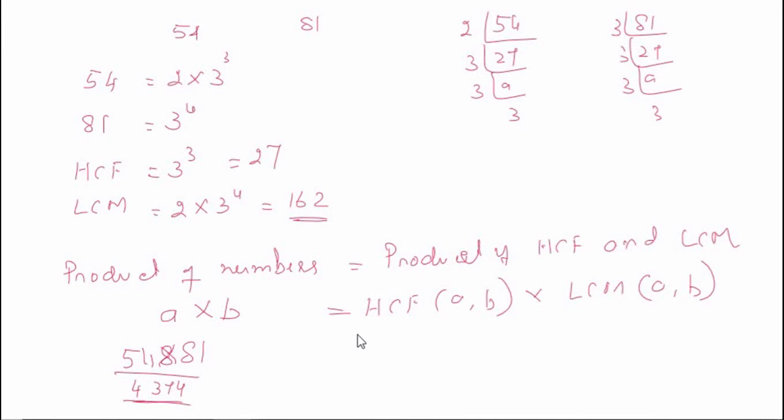Same way here, if you multiply 162 into 27, again you get 4374. So in this case there are four numbers, that is A, B, HCF of A and B, and LCM of A and B. If you know any three numbers, the fourth one you can find out.